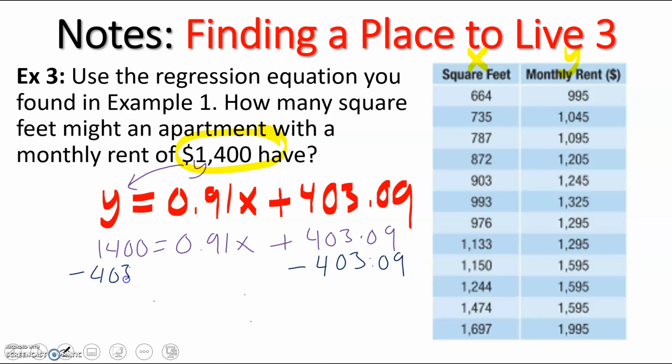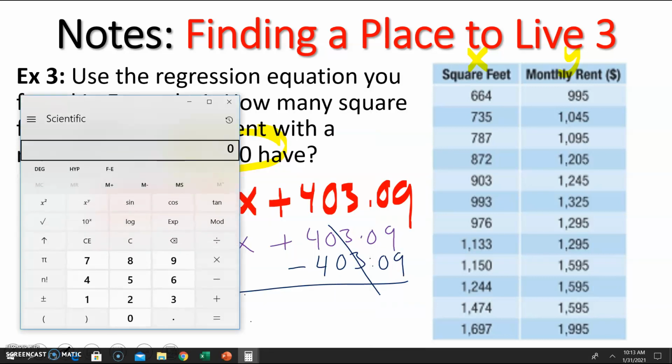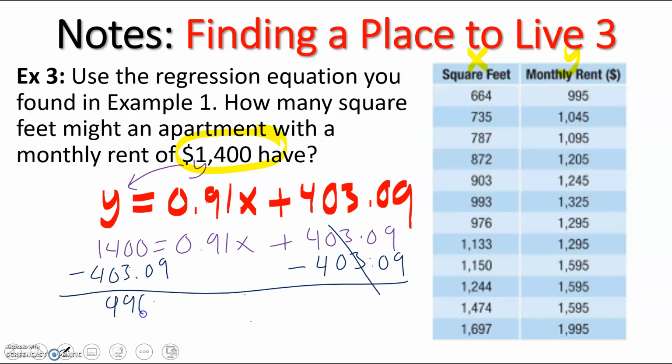So we're going to subtract 403.09 from both sides. On the right side, it cancels. On the left, we have 1,400 minus 403.09. That gives us 996.91 is equal to 0.91x. The 0.91 is being multiplied, so we'll divide that on both sides.